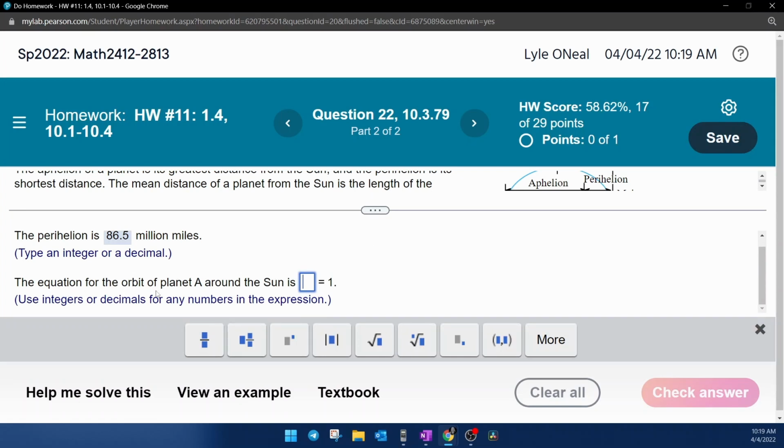And next, the equation of the orbit of the planet, which is going to be the equation of the ellipse in standard form.